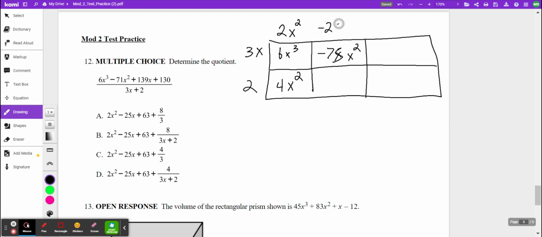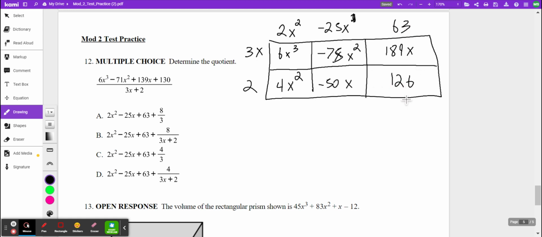So this would be negative 25x, just x to the first power. And then negative 25, I get negative 50x. And then I want 139, but it's a negative right now, so I want 189x. And so what times 3x equals 189? 63. And then finally, 63 times 2 is 126.